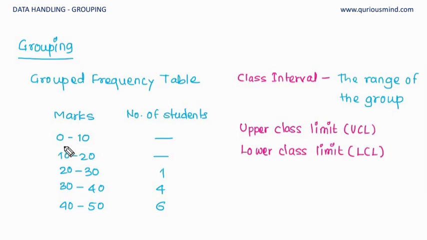And each class interval also has the width. This group is made up of 10 marks, 0 to 10. This also 10, 10. So that is called the class width.